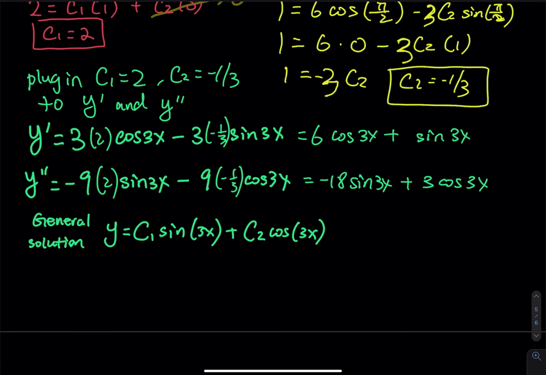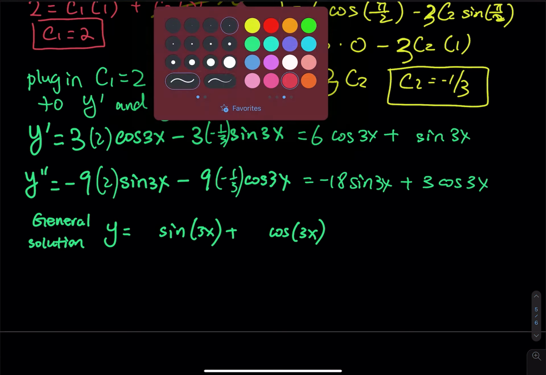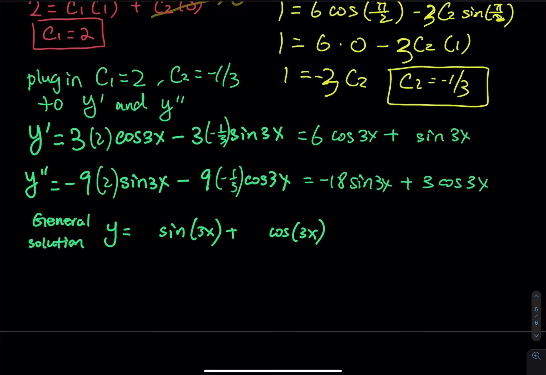And then what do I need to do? I will have to plug in the C1 and C2, right? So erase. What is C1? C1 in red, do you see that all the way on top? C1 is equal to 2. And then C2 is equal to negative 1/3. So I'm going to erase the plus as well. So that is negative 1/3.